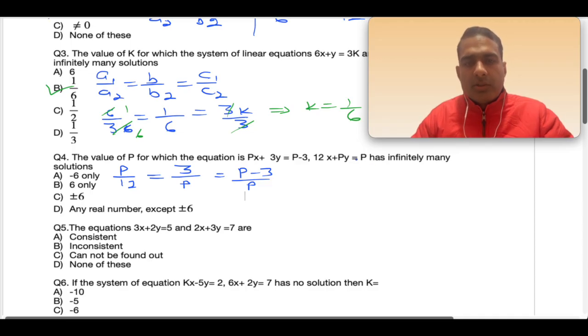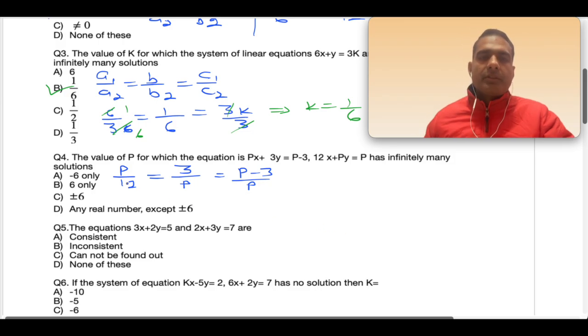So here don't confuse that p is also a variable. In most cases in our class 10th syllabus, the variables will be x, y only, and in some cases it may be z, but mainly it will be x and y. And if you have any other thing like a, b, c, d and p, they will be treated as a constant.